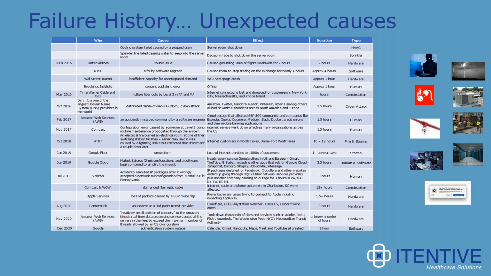So as you look at this slide, you can see outages occur for many different reasons. They have a duration from a short period of time to a long period of time. They affect maybe just a set of customers, or they can affect quite a bit, if we're talking about situations like affecting Facebook or YouTube or Google Suite.